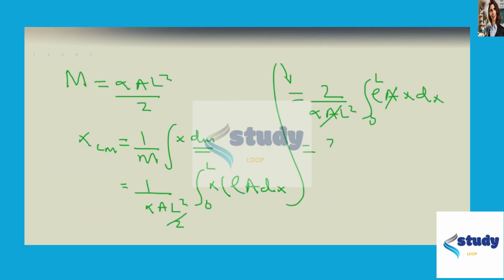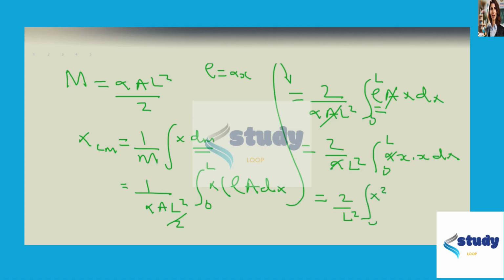So we can say 2 over alpha L squared, integral from 0 to L, rho is alpha x, times another x dx. So this rho, just to have it right there, was alpha x, linearly dependent. The alphas cancel out. So we have 2 over L squared, x squared, integral from 0 to L, dx.